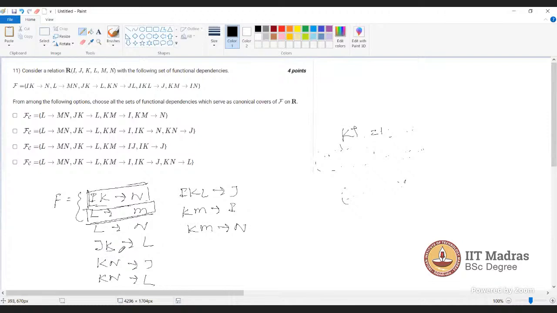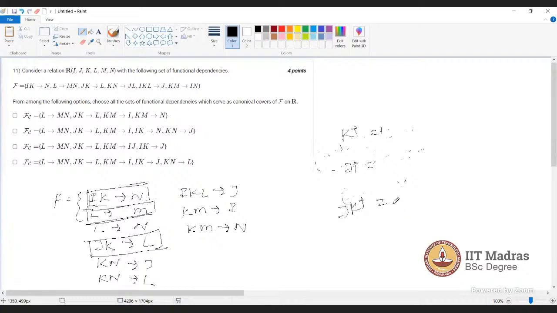So is K an extraneous attribute or not? So find J closure. What will you get? J only. So K is not an extraneous attribute. So is JK determines L a redundant functional dependency or not? So find JK closure. What will we get without the help of this functional dependency?